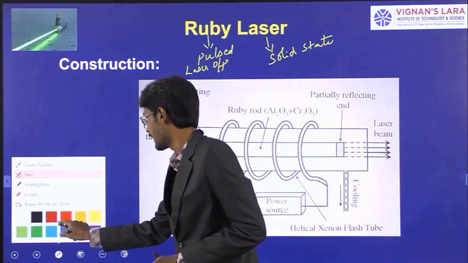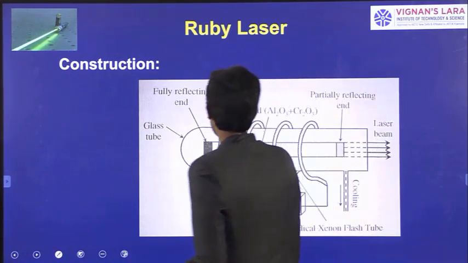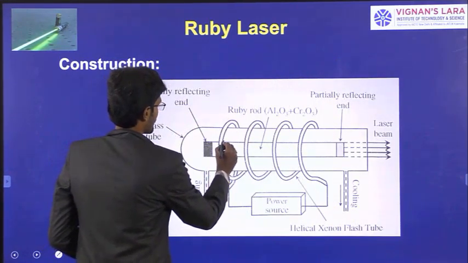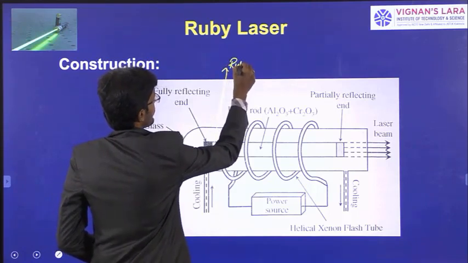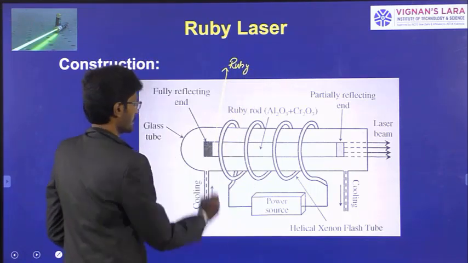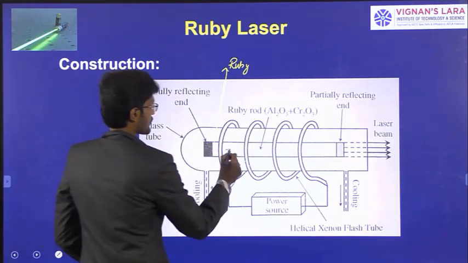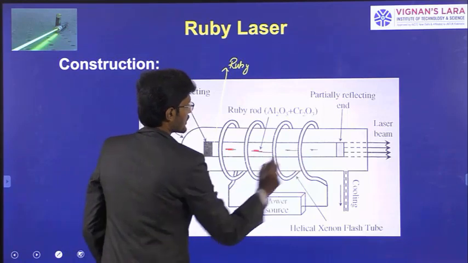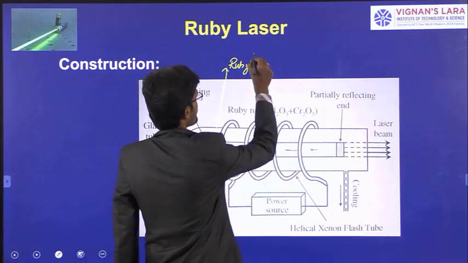Now if we see the construction part of this laser, the laser contains the ruby rod. This ruby rod is a combination of two compounds.